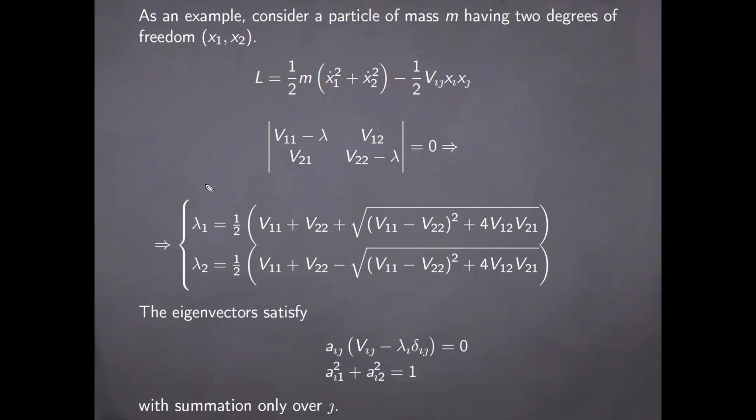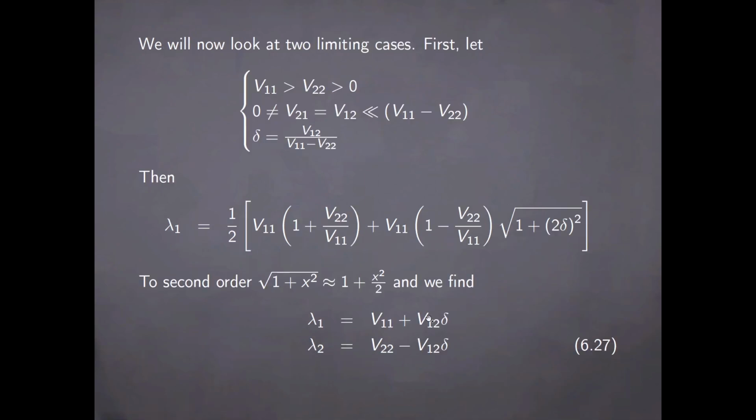Upon solving it, we obtain the two roots of the equation, lambda 1 and lambda 2. Furthermore, we know that the eigenvectors need to satisfy this set of equations, plus the normalization condition, where in the first case the summation is only over the index j. Now we can study this problem in more detail by looking at two limiting cases.